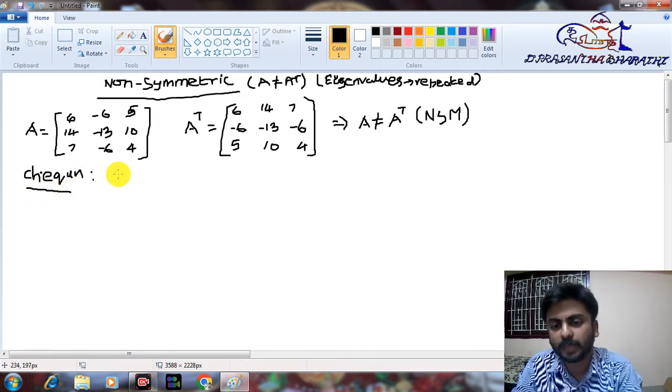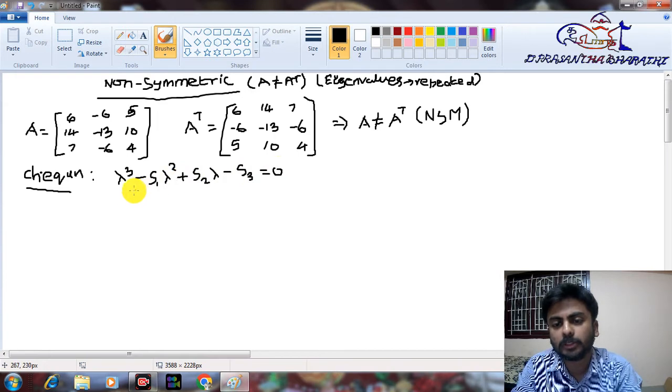For a 3 by 3 matrix, we will have lambda cube minus s1 lambda square plus s2 lambda minus s3 equal to 0.